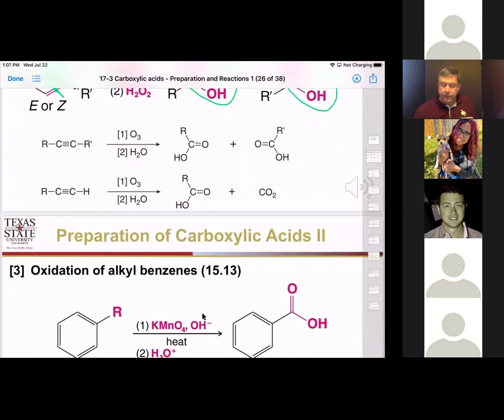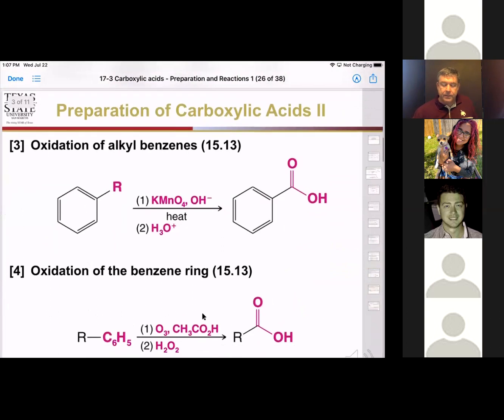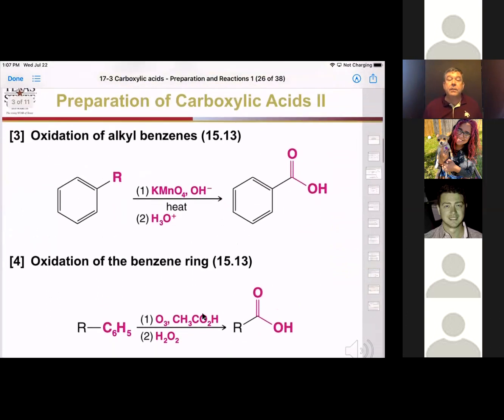Okay. All right. Oh, and here's another way to make, there's 2 ways to make carboxylic acids with benzenes. And we learned about this again in the benzene chapter in 15. We learned that if we have an alkyl group that has at least one hydrogen on this benzylic position, that position right next to the benzene ring, you can use potassium permanganate and it'll oxidize the alkyl group off to give us the carboxylic acid.